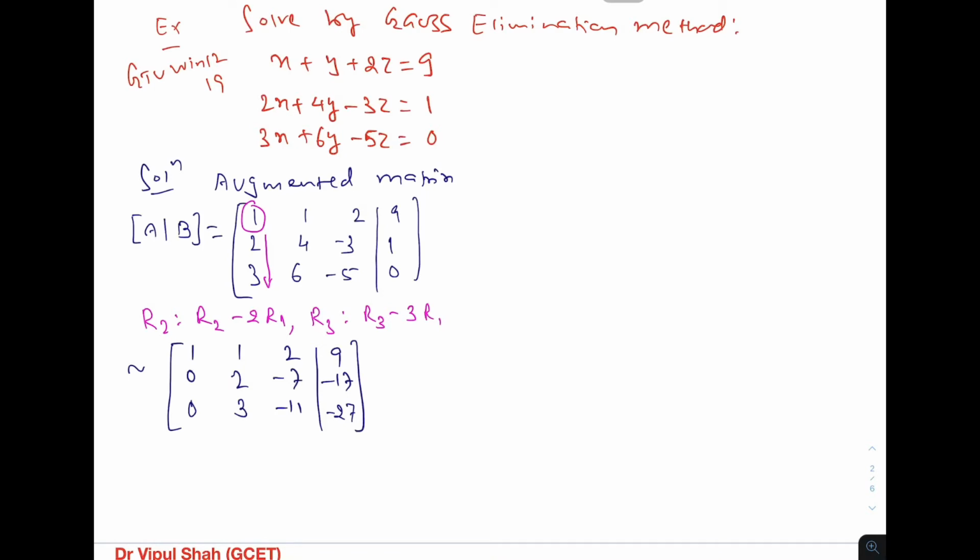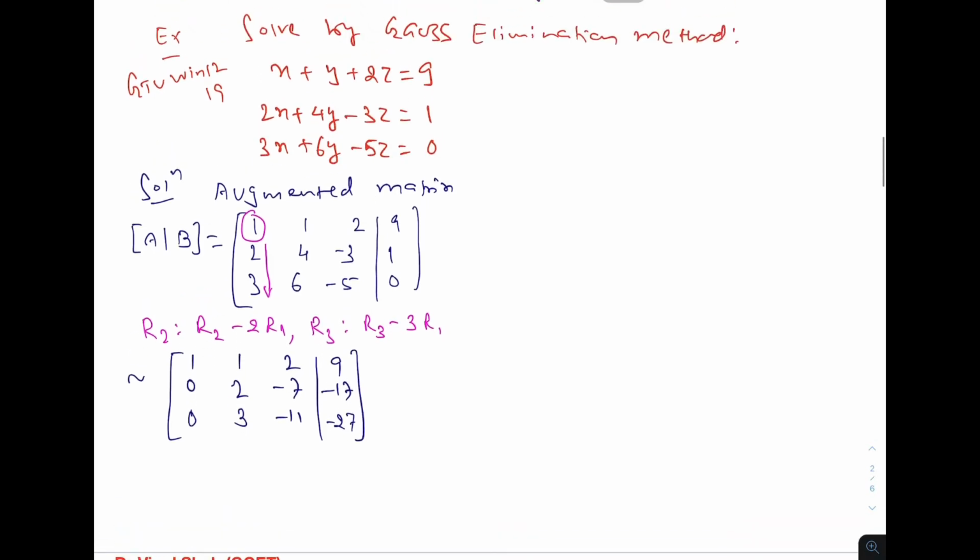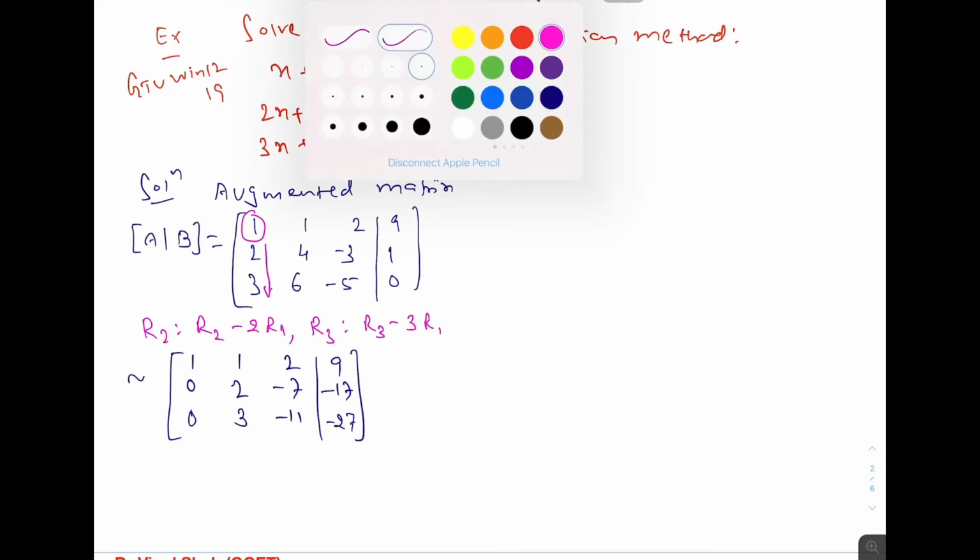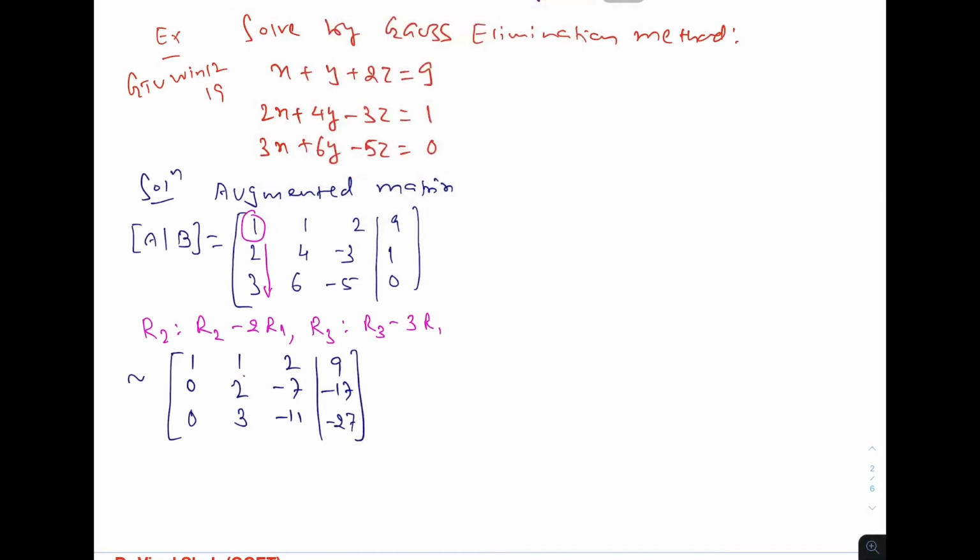Now our aim is to make this entry 1. This entry we should make 1. So we can use the row below it or divide by 2. But it's better we use the row below it.